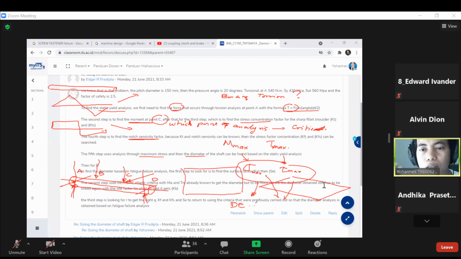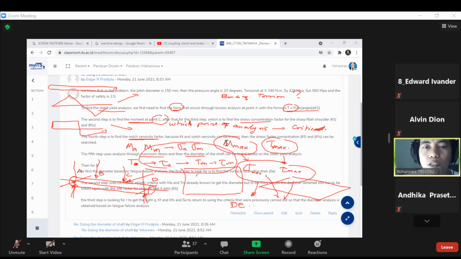The same steps are also required for the fatigue analysis. But for fatigue analysis, instead of finding only the maximum torque and maximum bending moment, you also need to define, at the critical point, the amplitude of bending moment and the average of bending moment. This is to calculate the amplitude stress and the average or mean stress. And also you have to find the amplitude torque to evaluate the amplitude shear, and also the average shear.